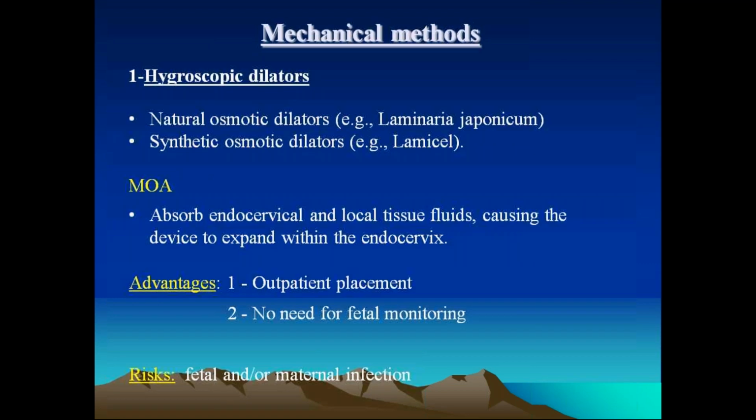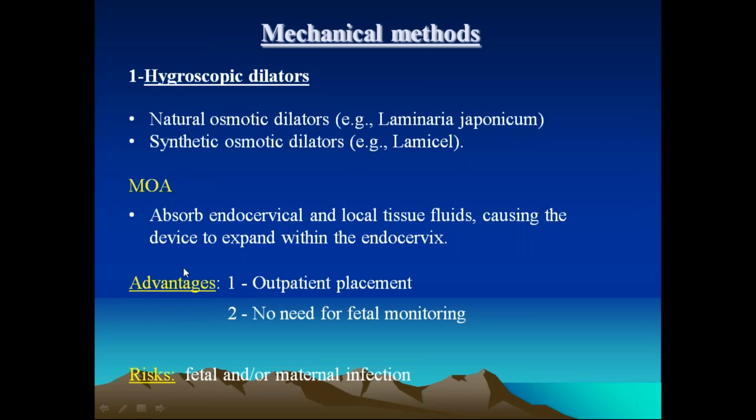They absorb the endocervical and local tissue fluids, and the device will expand, leading to dilatation of the cervix. Synthetic osmotic dilators are also available, such as Lamicel. As for the mechanism of action, these dilators absorb the endocervical and local tissue fluids, and the device expands within the endocervix, and this helps to dilate the cervix.